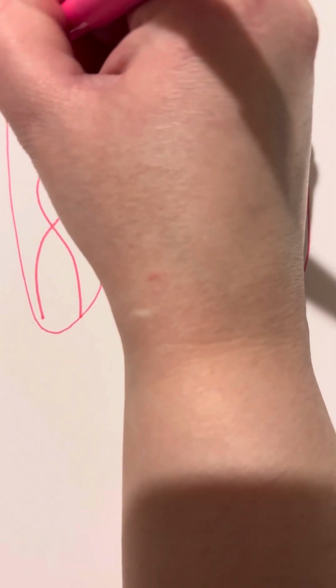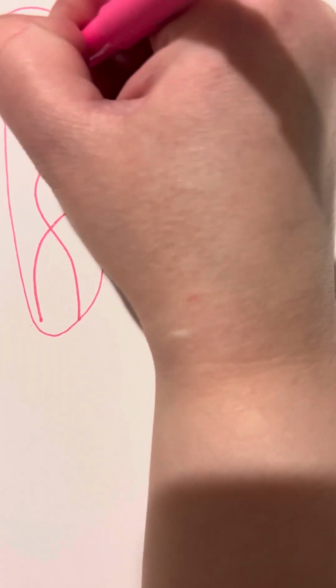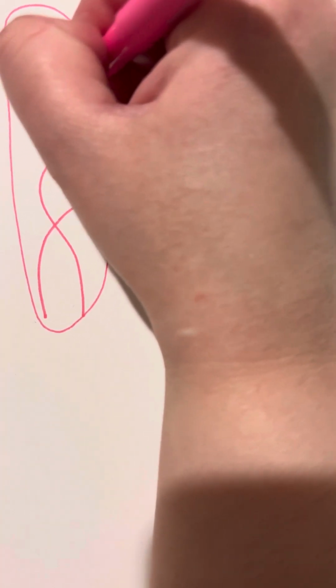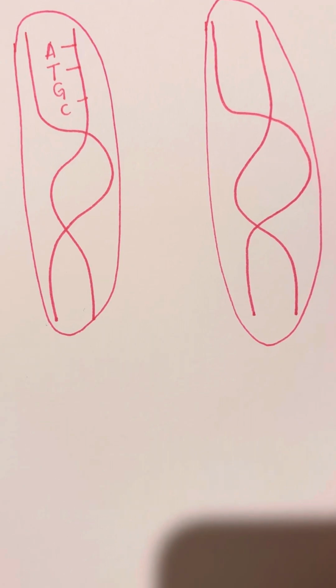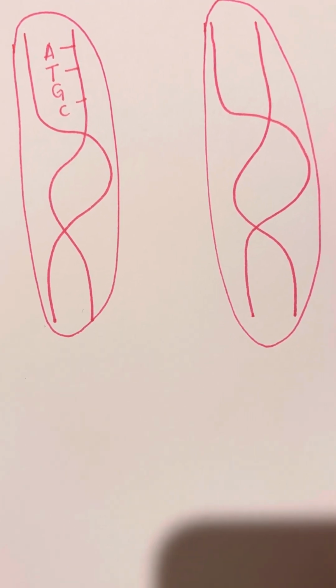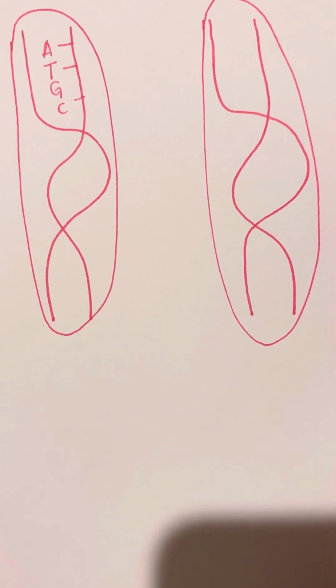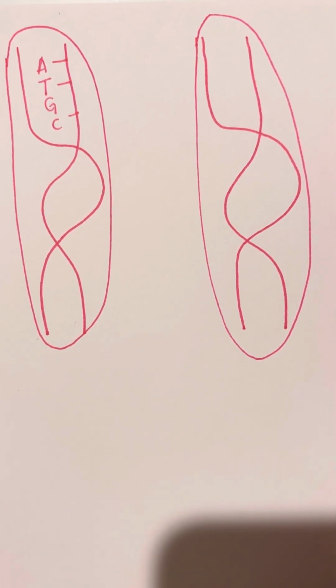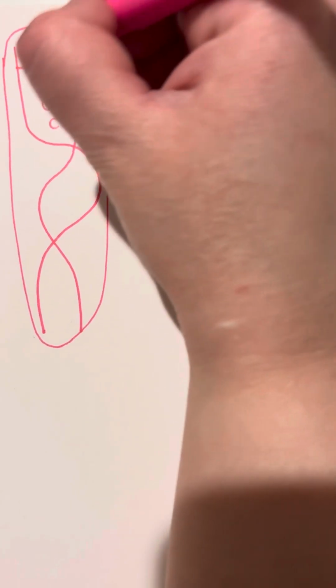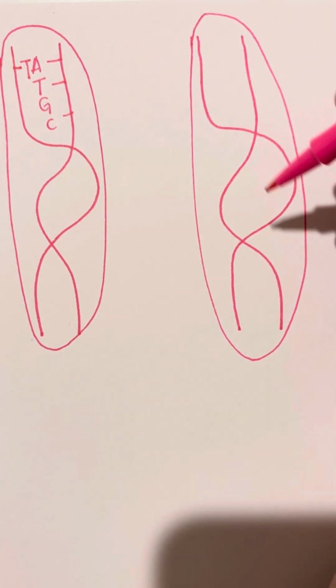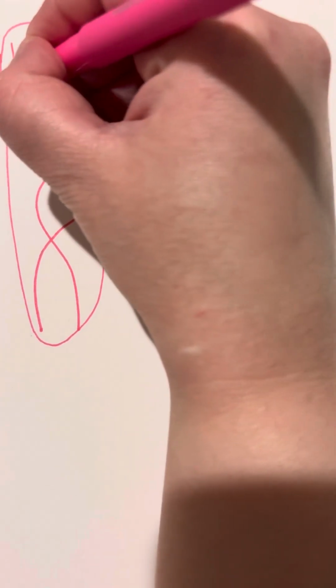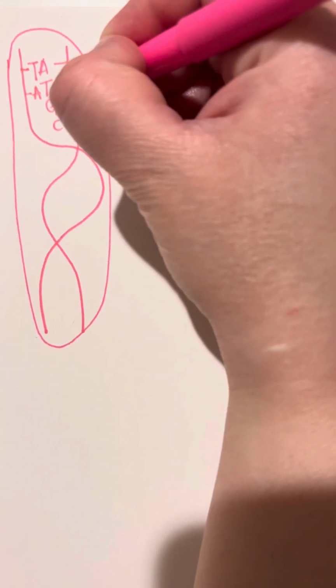They are A, T, G, and C. A stands for adenine, T for thymine, G for guanine, and C for cytosine. For the test, you don't need to know the names. This is just something that is good for you to know, that DNA is composed of bases.